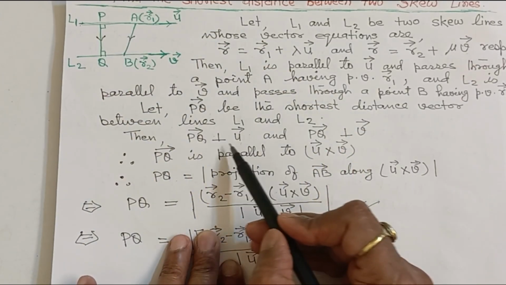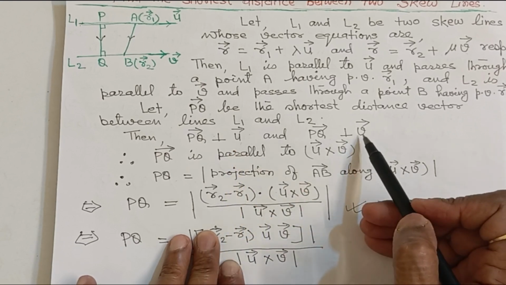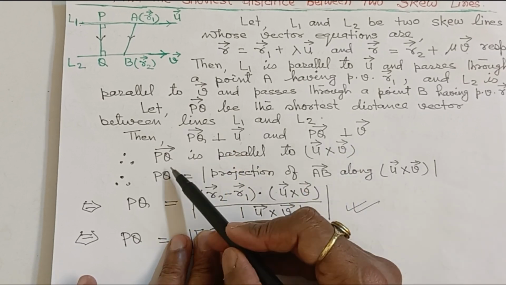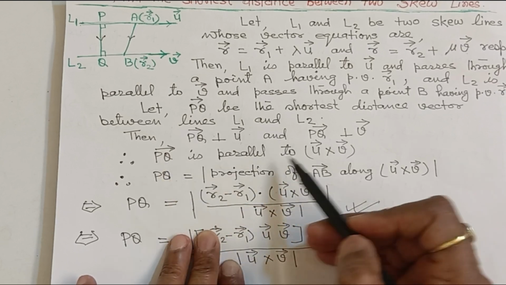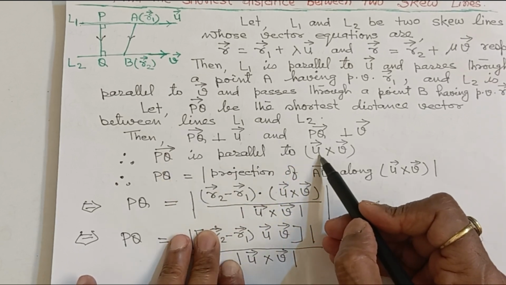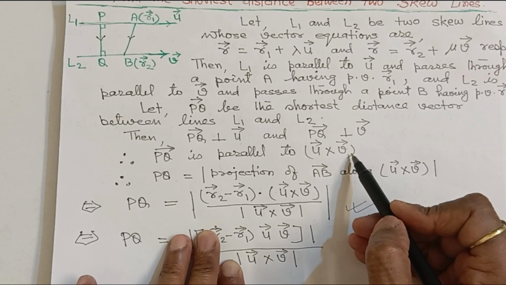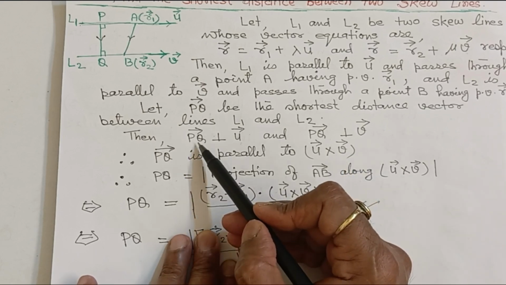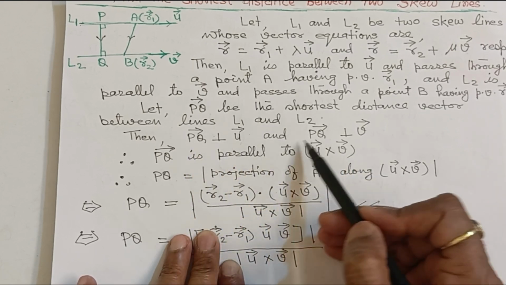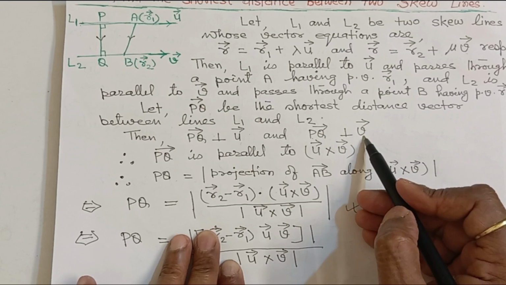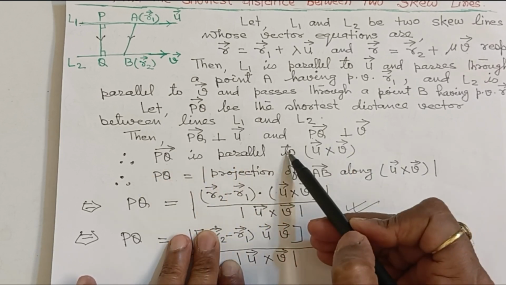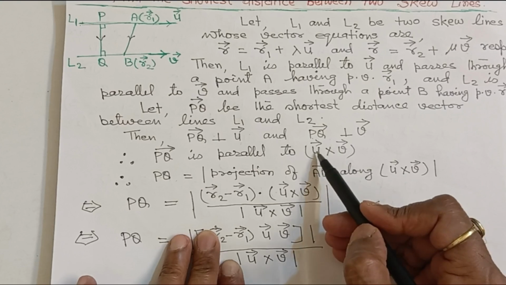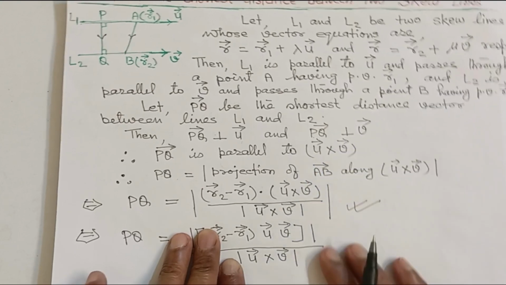PQ is perpendicular to both vector u and vector v. Therefore, vector PQ is parallel to u cross v.